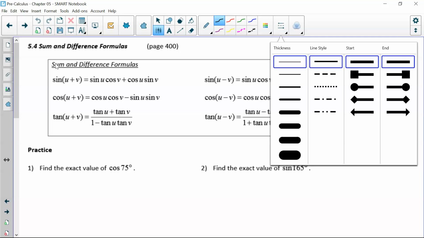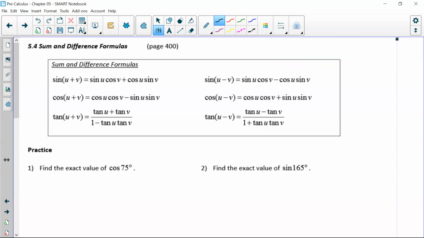Now, our goal is to find the exact values. But if we look at number 1, all we have is a 75. That's not one of our nice angles. So keep in mind, we have our pi over 6, and pi over 6, that's our 30-degree angle.